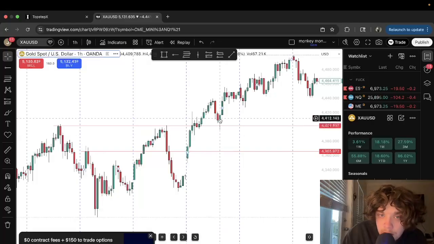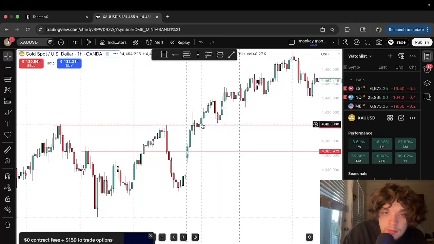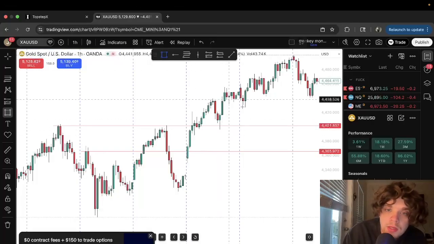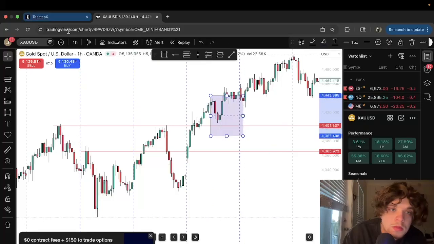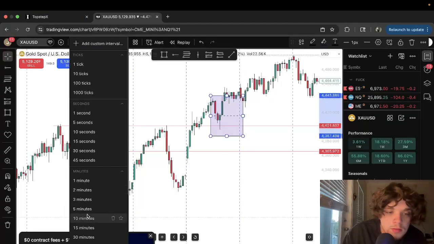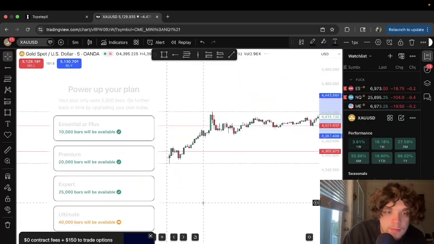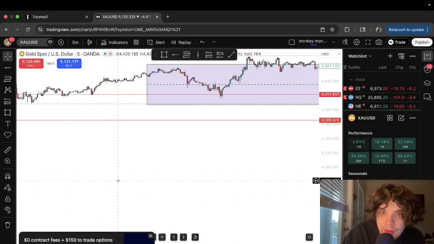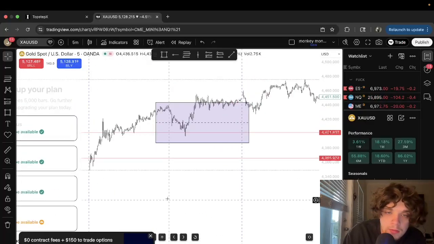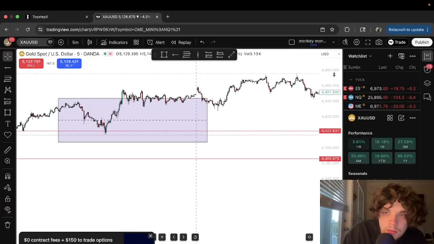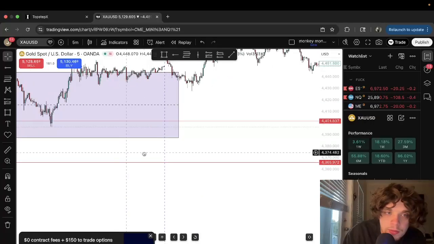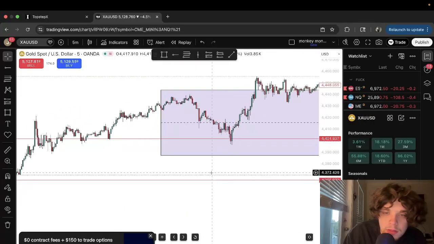This candle would have been a really good entrance. Whatever is right there would have been fucking amazing. I can't see, so... Oh, yes, I can. Alright, so that entrance would have been magnificent.